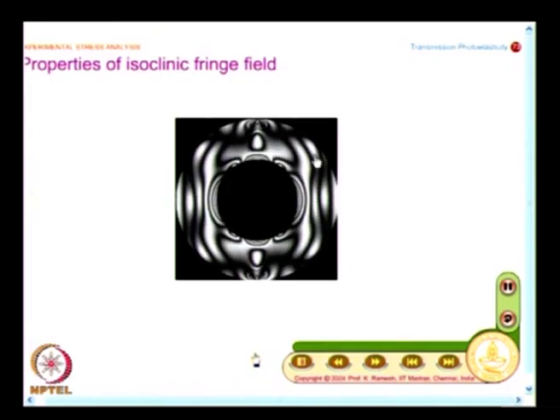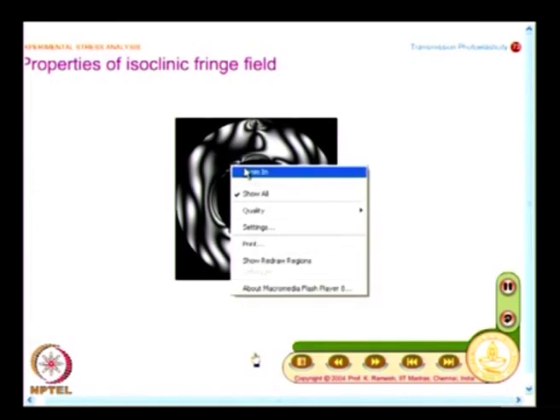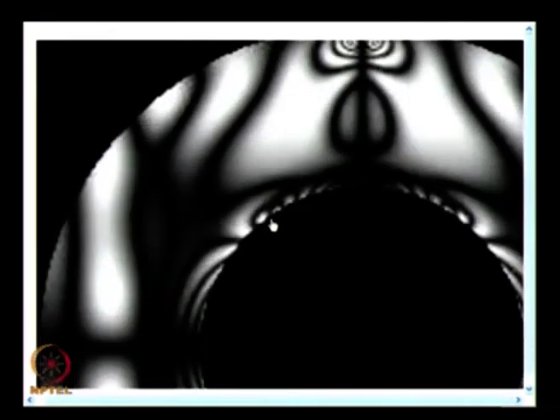Okay. And similarly, even if you look at the points which are on the inner boundary, can you see this point? This point was difficult to locate in an isochromatic fringe field, and here I have one point where all isoclinics pass through. Do you see that?